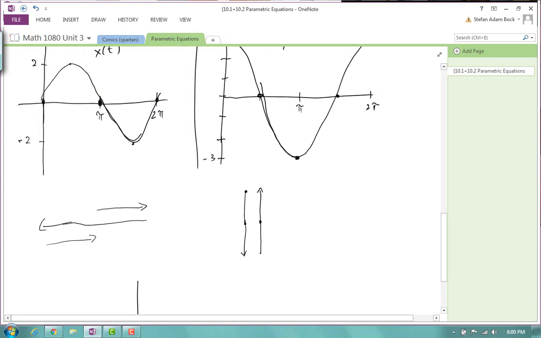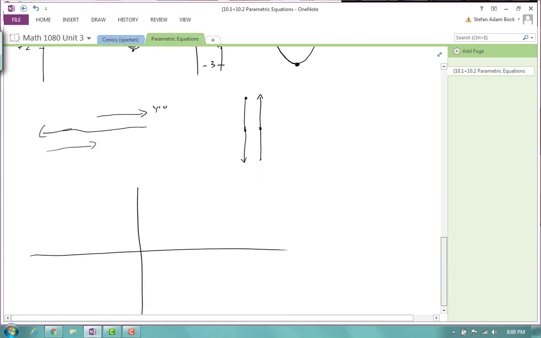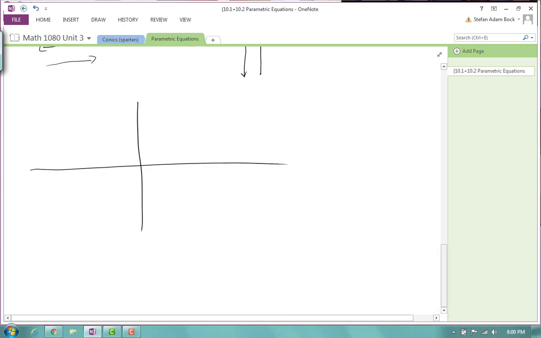Let's see here. From 0 to 2, when x is maximum, y is 0, because when x goes up to 2, that's at pi over 2, but at pi over 2, my y is equal to 0. So plotting these is basically going to be a little bit of guesswork and a bit of plotting points. But x starts at 0, but my y starts at 3.